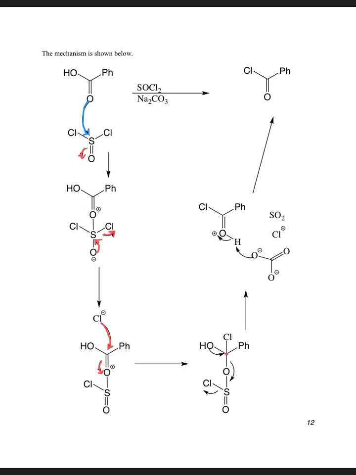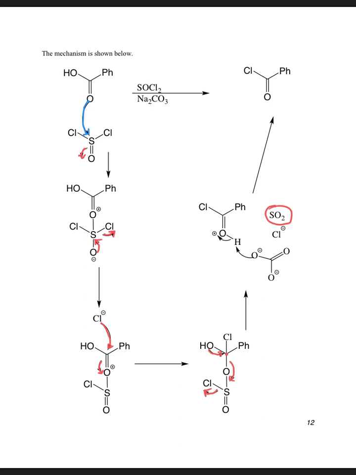So we can send the electrons down from the oxygen of the OH, and then we can kick off the SO2Cl group, and as we kick it off, we can form a double bond to the sulfur and then kick the chlorine off, and we end up forming sulfur dioxide gas, which bubbles out of solution, and you can't go backwards there.